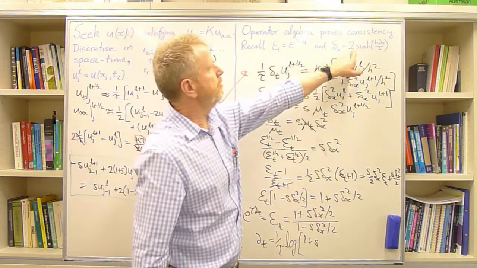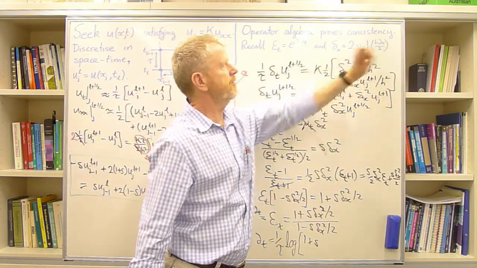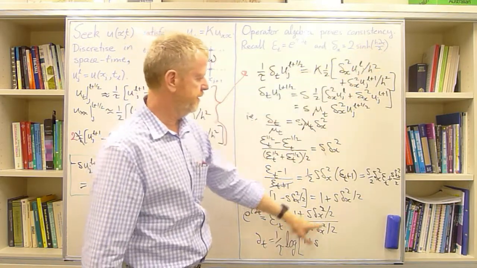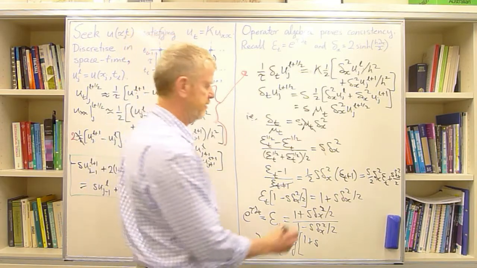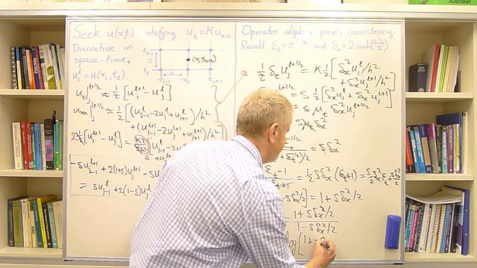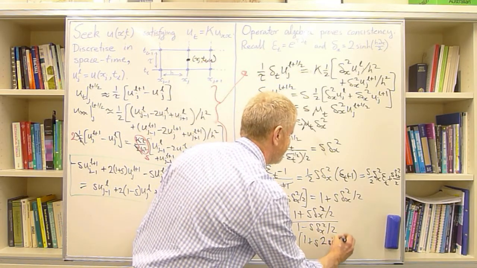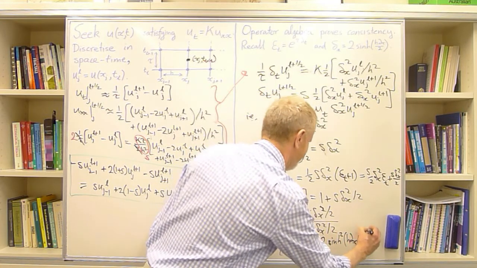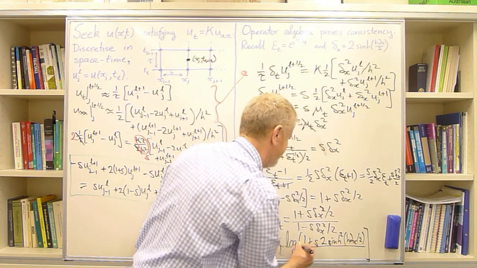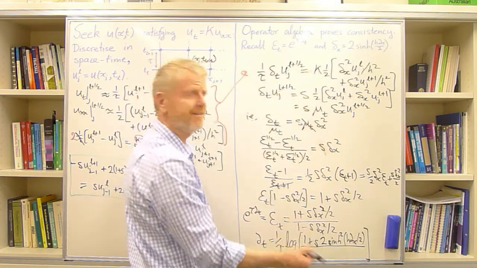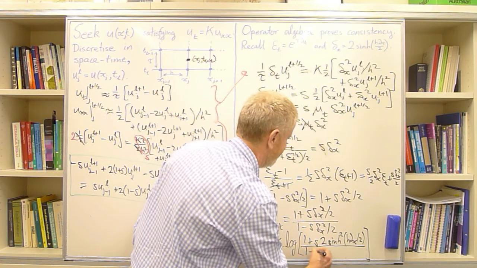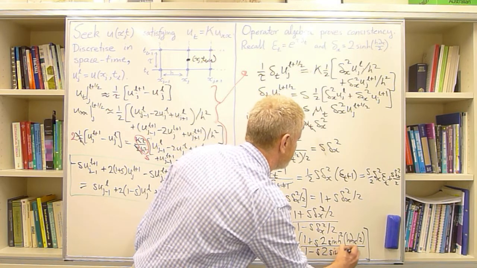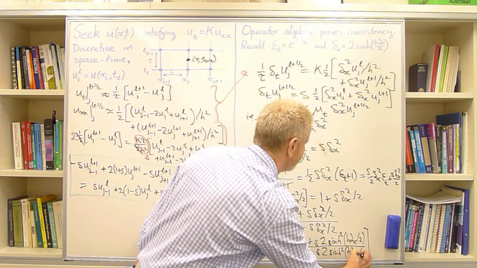Delta x squared is 2 hyperbolic sine of h d/dx on 2. So square that, that's 4 sinh squared. Divide by the 2 is 2 sinh squared. So it's 1 plus s times 2 sinh squared of h d/dx on 2. And the denominator is 1 minus exactly the same thing.